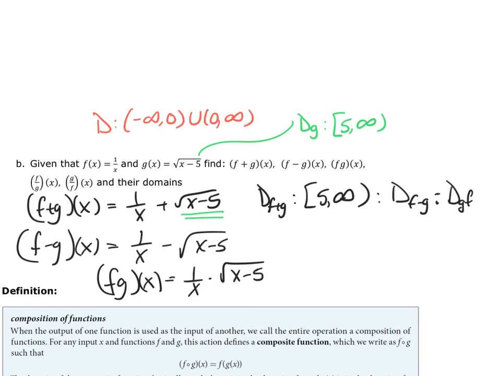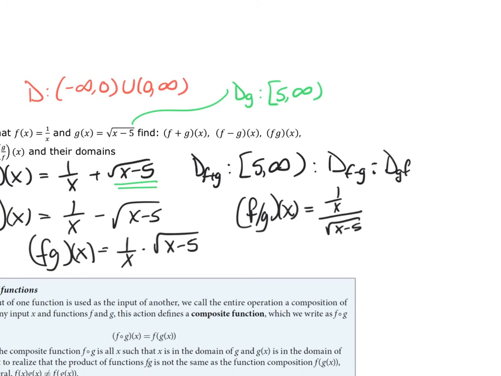Now we have to worry about the division and see if anything changes. When I'm asked to find f divided by g of x, I have 1 over x over the square root of x minus 5. I do have a little bit of simplification on this because I can't leave a complex fraction. So this is going to be 1 over x times the square root of x minus 5.